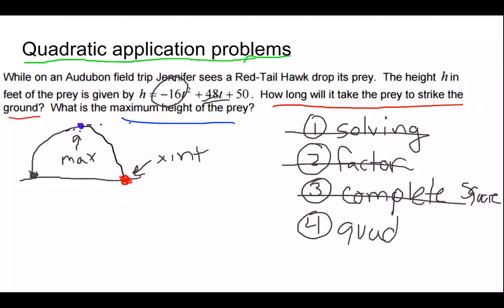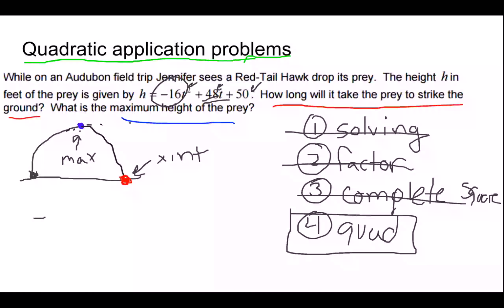Completing the square is off the table for me because I'd have to divide this 48 by this negative 16, and I am prone to get decimals. Also, I know for a fact negative 16 is not going to divide 50. So I'm probably going to use the quadratic formula to find my answer.